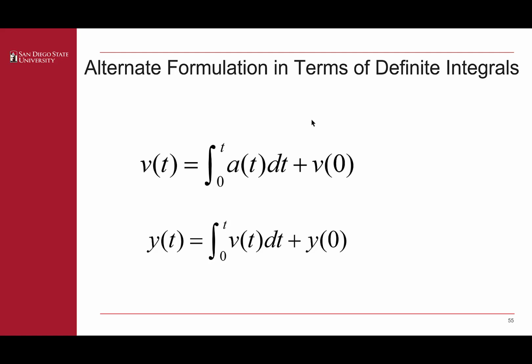Furthermore, using definite integrals, we can provide an alternate formulation. So the velocity v of t can be written as a definite integral from 0 to t of a of t dt plus v0, where v0 is the initial speed at time 0.